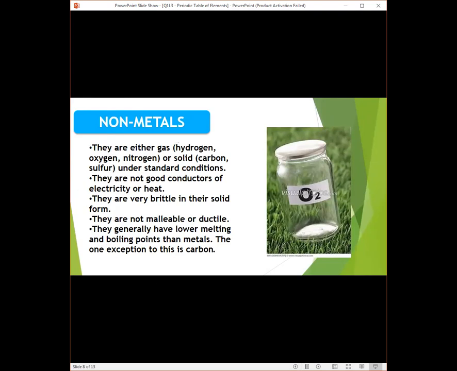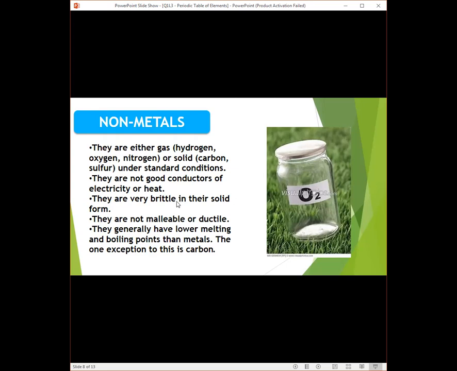Now moving on with nonmetals, these are the elements that are either gas or solid under standard conditions. So we have examples of nonmetals: hydrogen, oxygen, and nitrogen. Those are the elements that are in their gas form under standard conditions. And as for carbon and sulfur, they are in their solid forms.